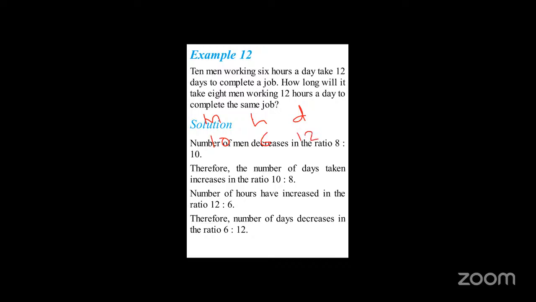Then on the second part wanauliza how long will it take 8 men working 12 hours to complete the same job. So hapa tunahitajika kutafuta number of days. So to do that, we will be able to apply hiyo idea ya direct na indirect proportion.